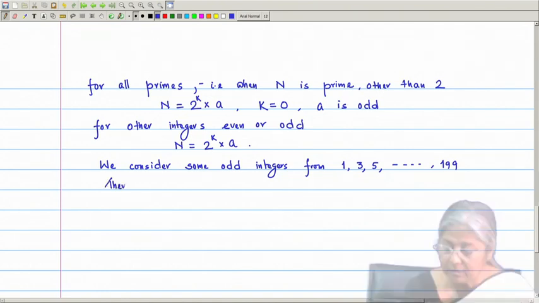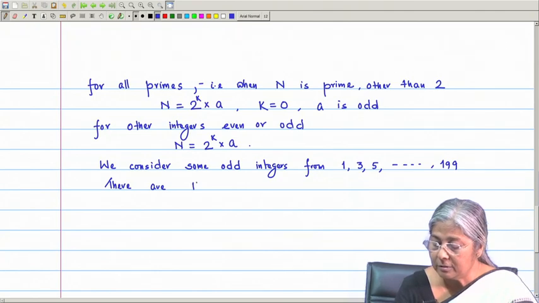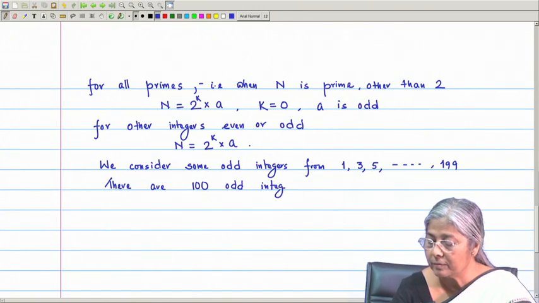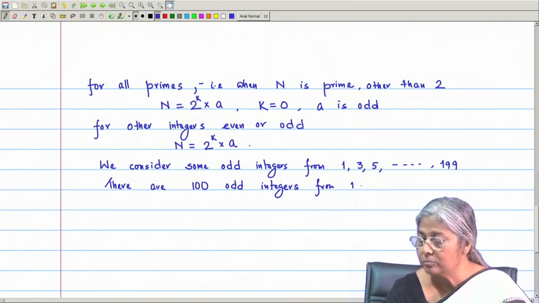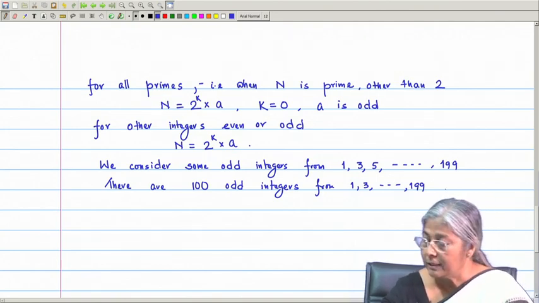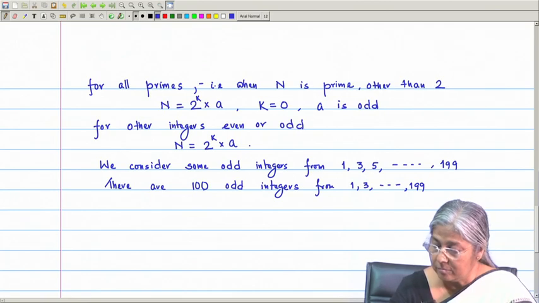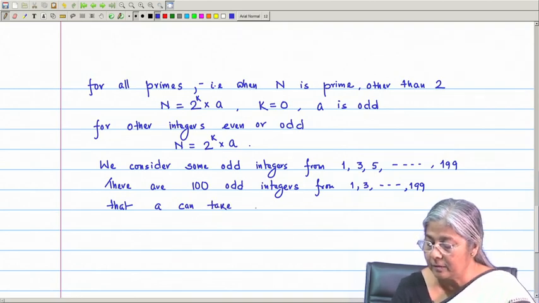There are 100 odd integers, so a can take any of these values from 1 to 199.